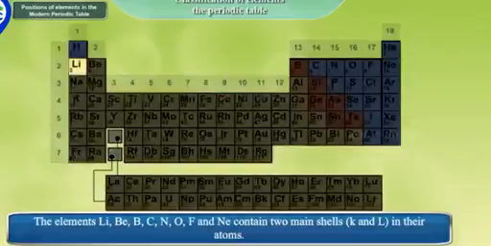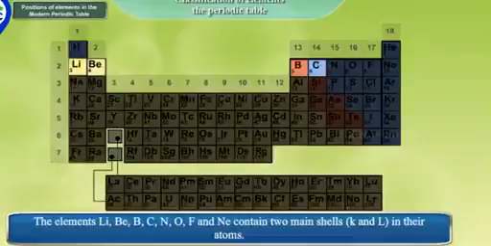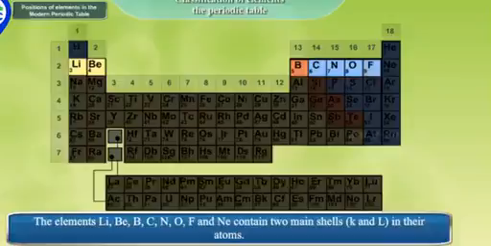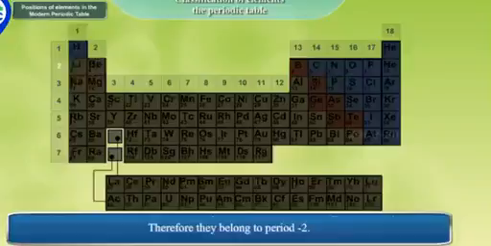The elements Li, Be, B, C, N, O, F and Ne contain two main shells, K and L, in their atoms. Therefore, they belong to period 2.